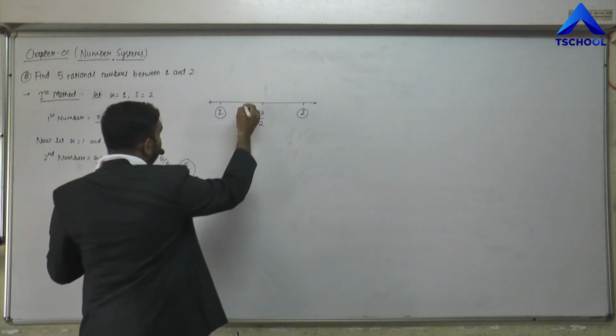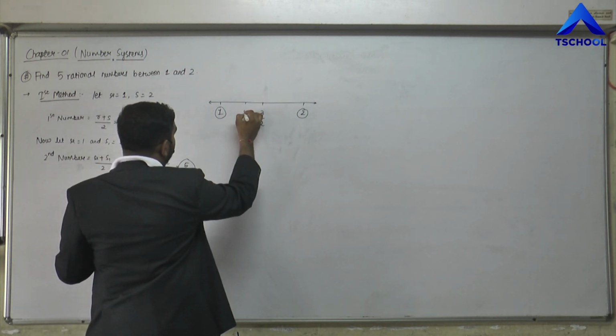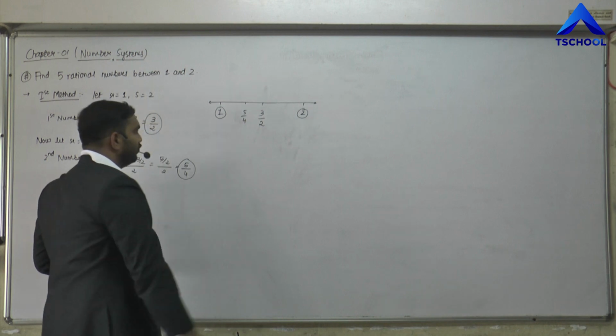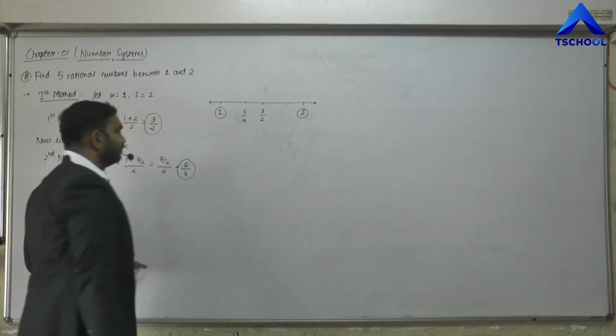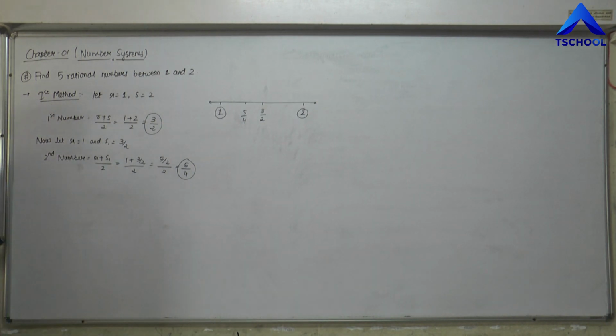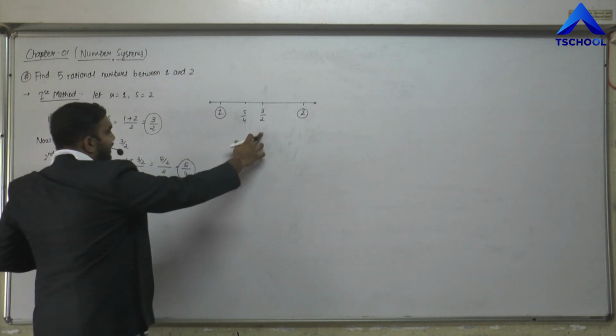So I shall get a number here between 1 and 3 by 2, that is 5 by 4, right? The previous one that I got was 3 by 2. Now I got a number between 1 and 3 by 2.